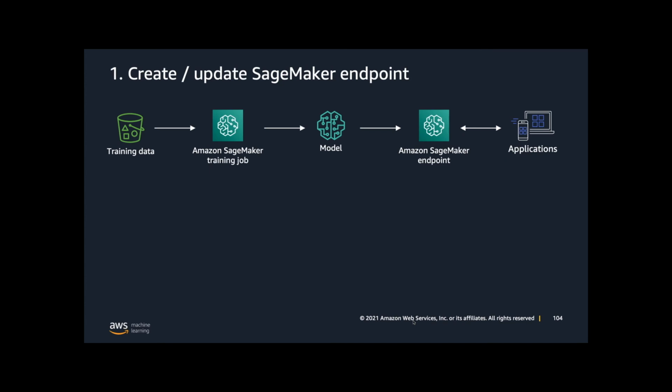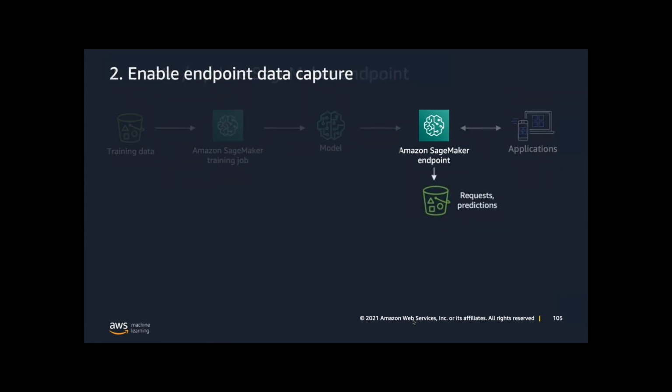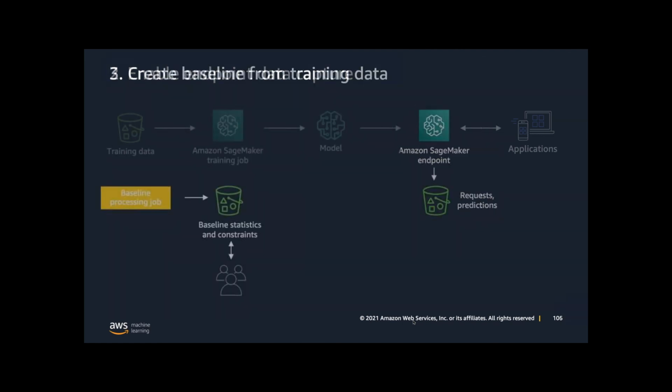So it helps you figure out how well your model is doing, and you can establish a kind of baseline. You train your data, you have your training job, you deploy your model to production, you have your applications consuming that, and then all of your requests and predictions are stored within an S3 bucket.